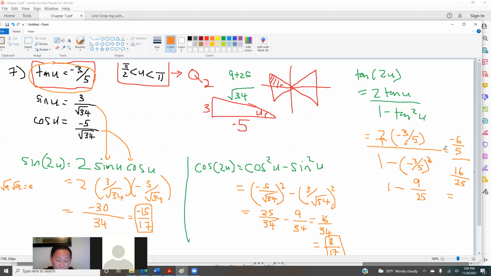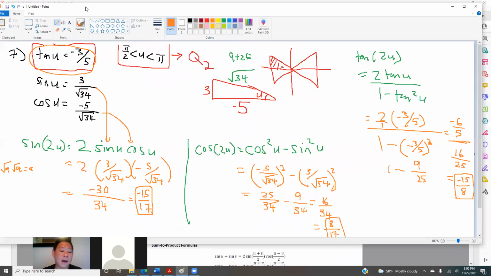So make sure you know how to use your calculator to do this kind of fraction. This is -15/8. And if you do not know how to divide this kind of fraction using your calculator, please talk to me. After class, it would probably take me 5 to 10 minutes to teach you how to divide this kind of fraction. Make sure you have a calculator.